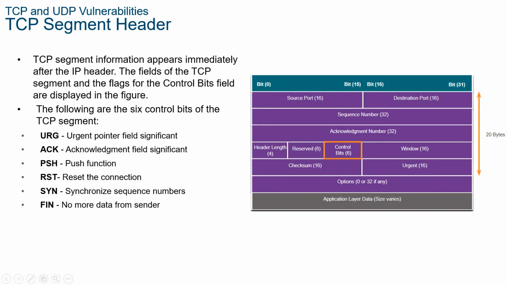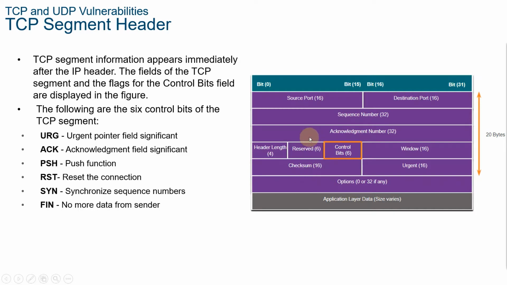So while some attacks target IP, this topic discusses attacks that target TCP and UDP. TCP segment information appears immediately after the IP header. The fields of the TCP segment and the flags for the control bits fields are displayed on this figure here.